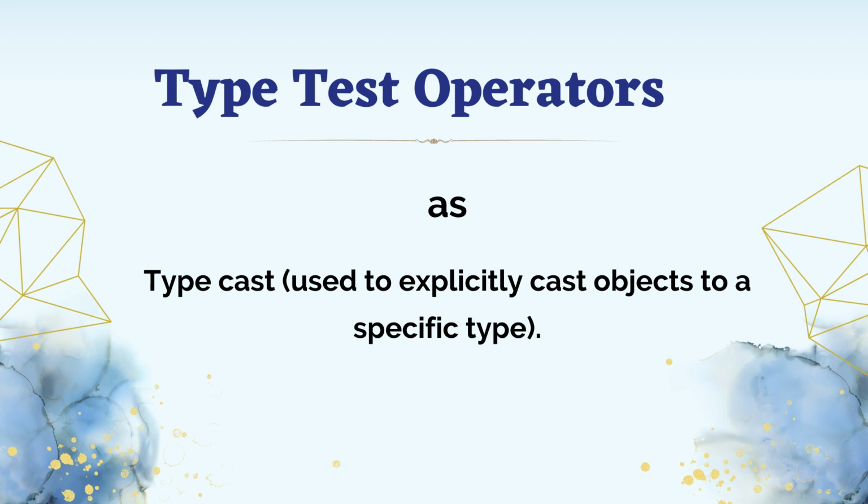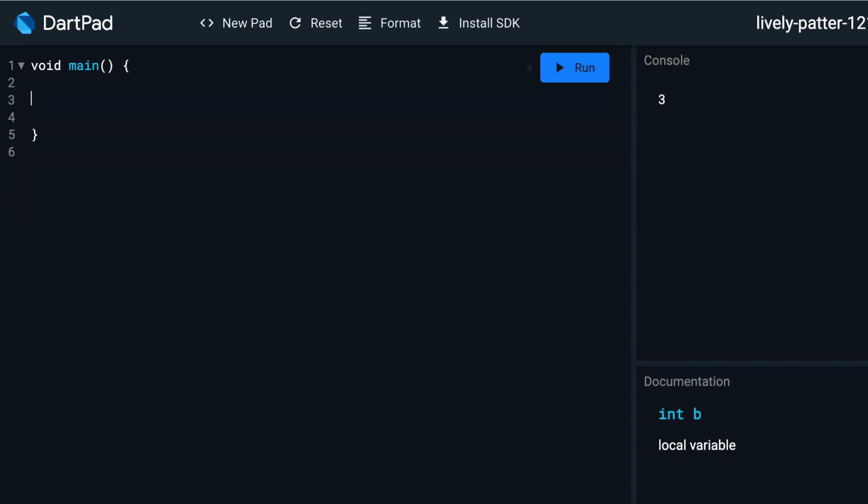As, typecast, used to explicitly cast objects to a specific type. In this example, we declare an object, assign a string value to it, and then declare a string variable, attempting to assign it the object variable.